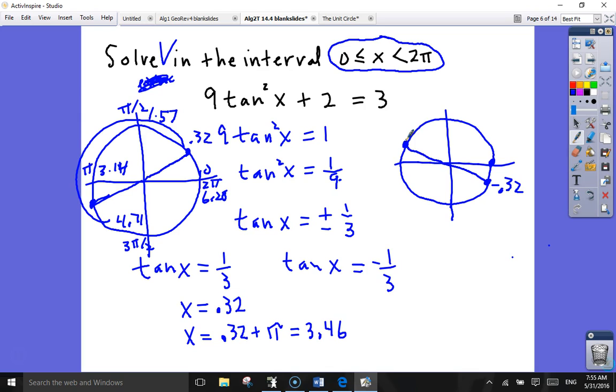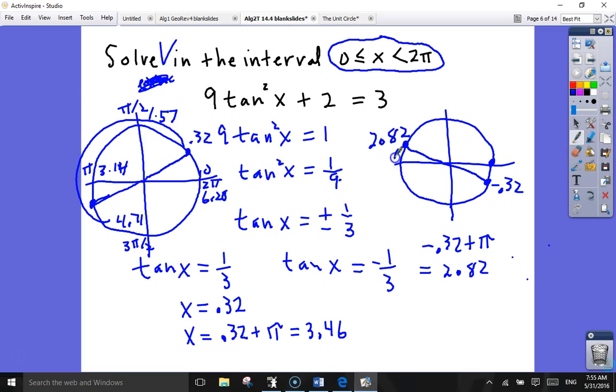Add pi, right? So that angle there is going to be negative 0.32 plus pi, which is 2.82. So if that's 2.82, I still need another answer, right?